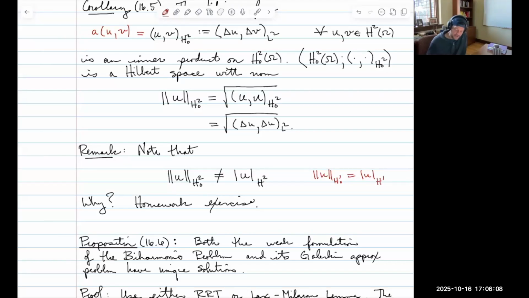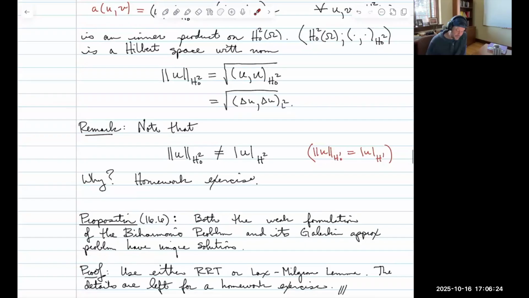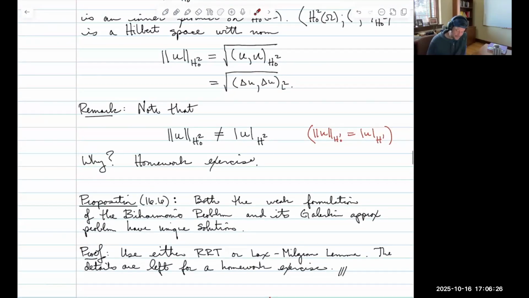But here for H2, it's not. I hope you remember how this norm is defined. They're not equivalent. So that's a little homework exercise to see that. It's actually a very quick one.